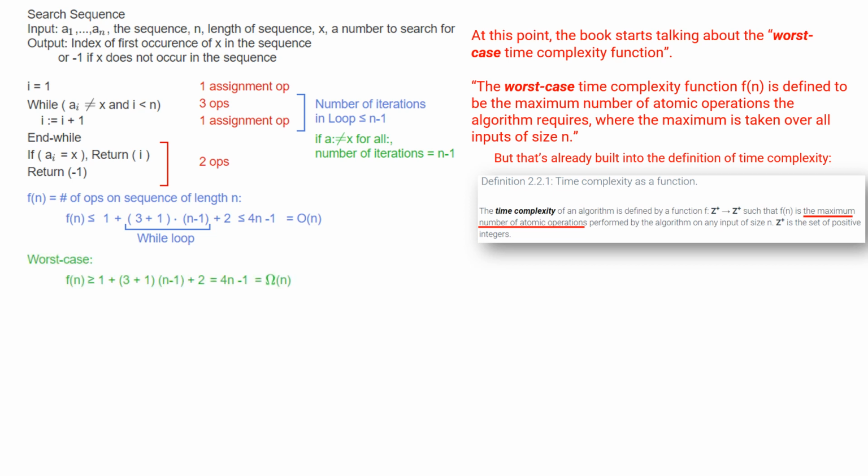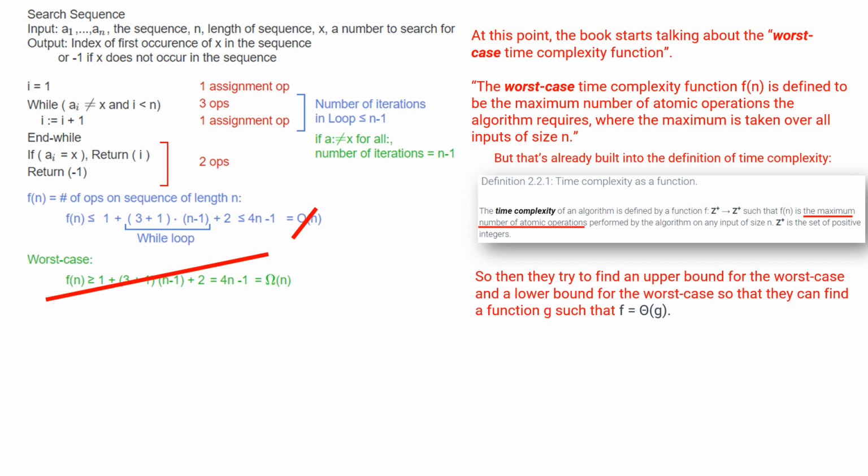So in this example, at the bottom, they're going to say, okay, f of n is equal to this, and it's O of n, and then the worst case is omega of n and all of that. And I just wanted to tell you, I don't think you need to be worried about that. So just go ahead.